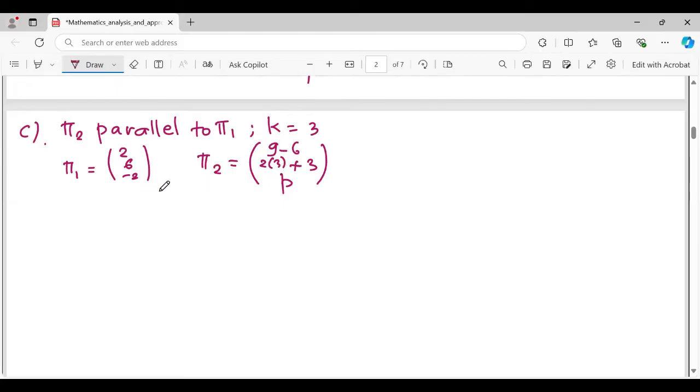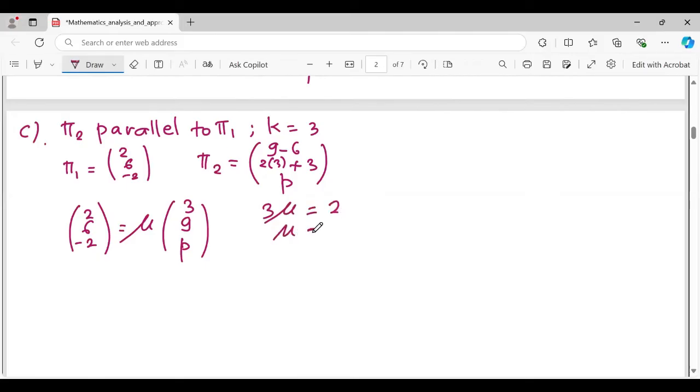So (2, 6, minus 2) equals mu times (3, 9, p). From this matrix, 3 mu equals 2, so mu is 2 third.